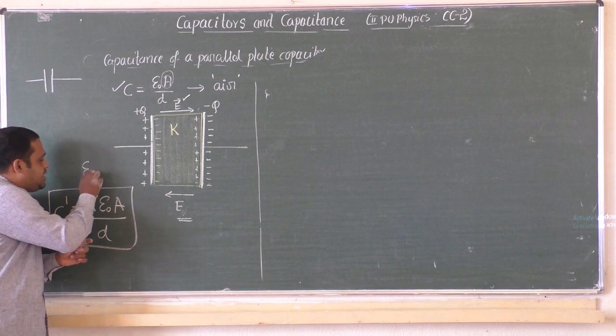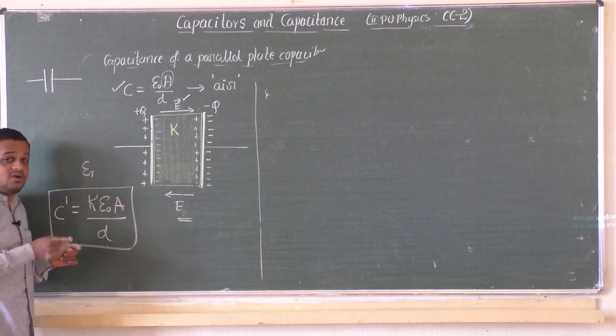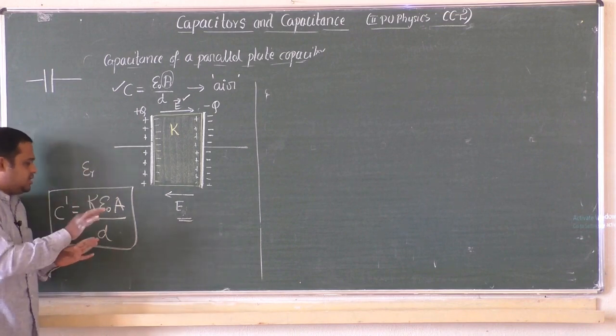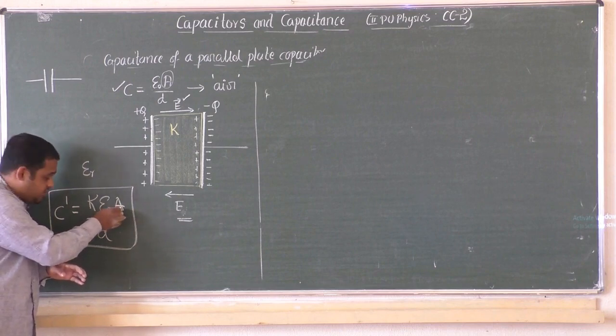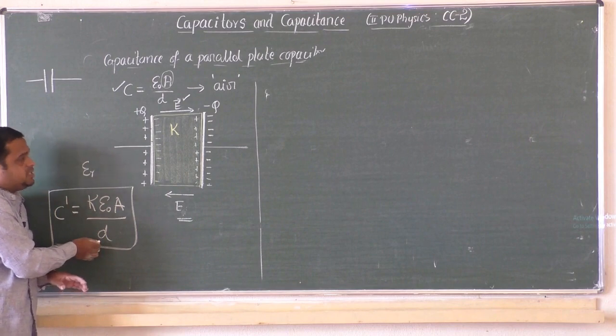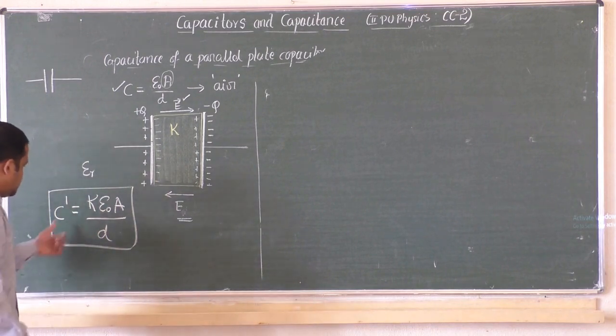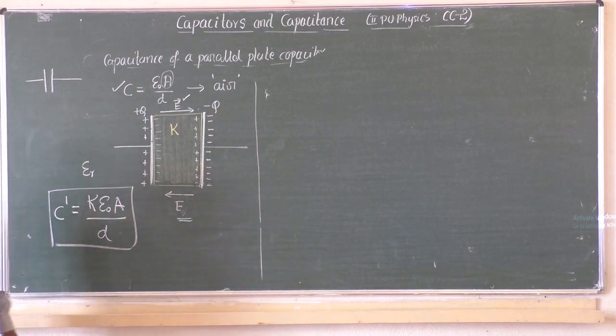Sometimes it is represented as epsilon R, that is called relative permittivity, that is also okay. Epsilon naught is the permittivity of free space, A is the area of the plates, and D is the separation between the plates of the capacitor. Okay, that is C dash.